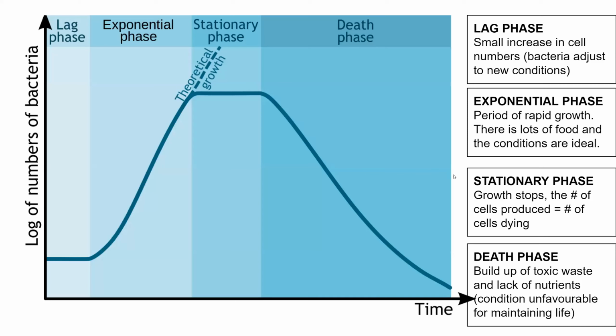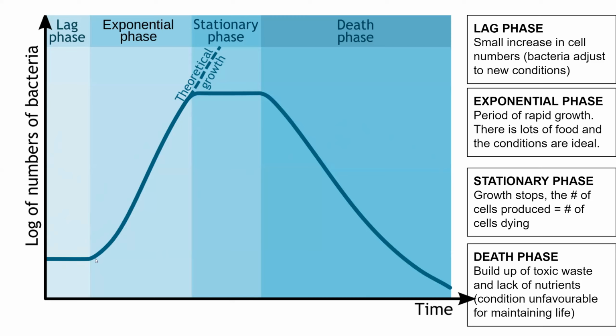Now, when we look at bacteria reproduction, we can look at how fast they reproduce over a period of time. Here, we've got the log number of bacteria on the y-axis, and time on the x-axis. We can see that we've got a flat part of the curve, then a steep increase, flat again, and then a decrease.